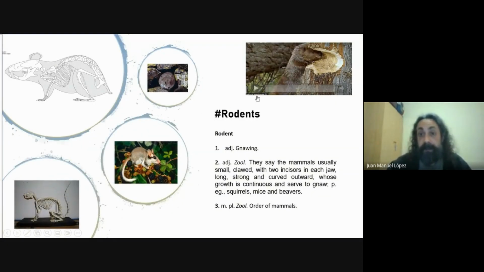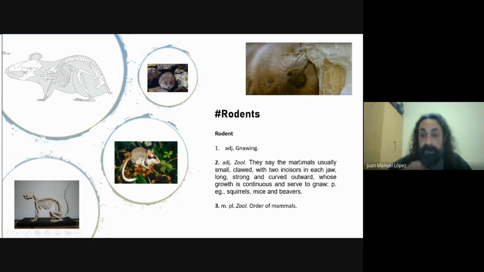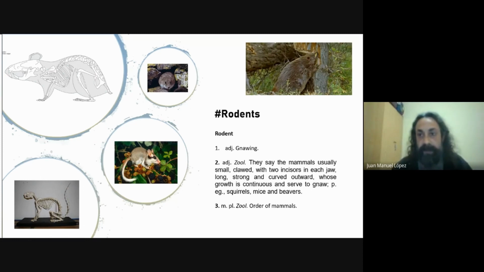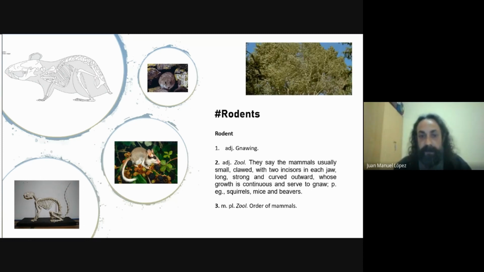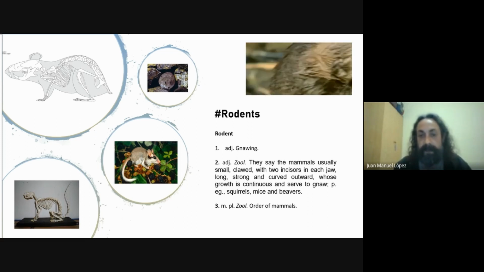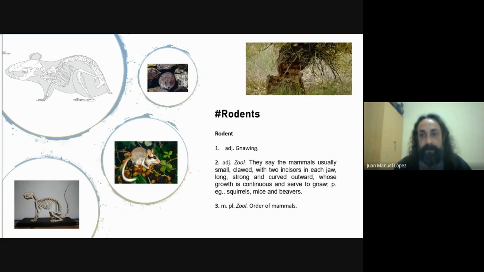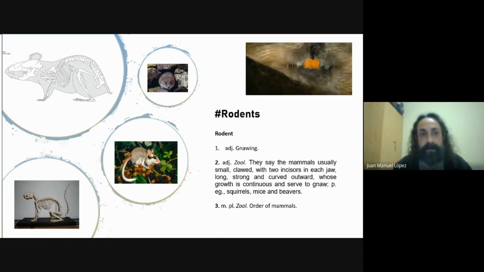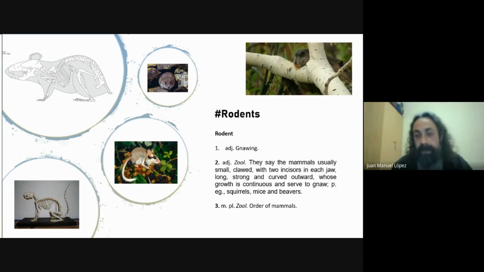Rodents. Here I have another video from a castor. Rodents are the most abundant mammals in the world, and I think maybe in the Quaternary they are the most diversified species. Also, you can find a lot of species in archaeological and paleontological sites if you have enough material to recognize the taxa.